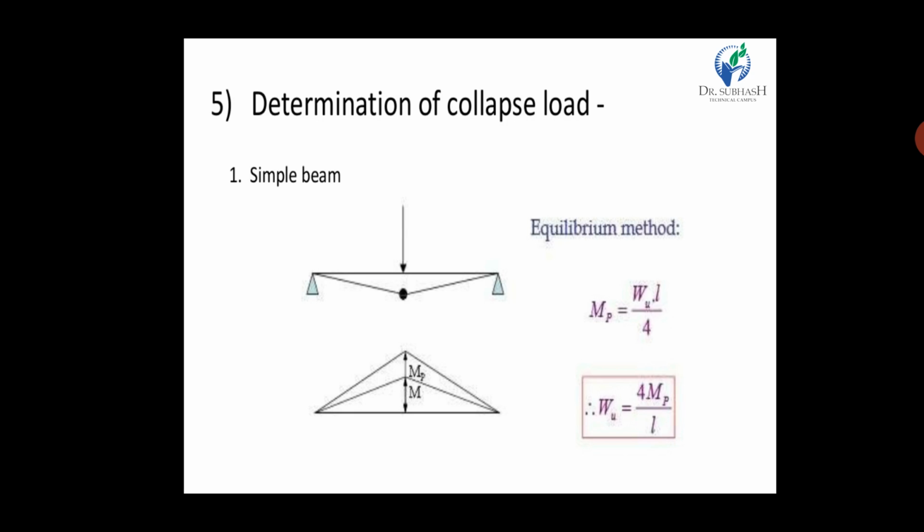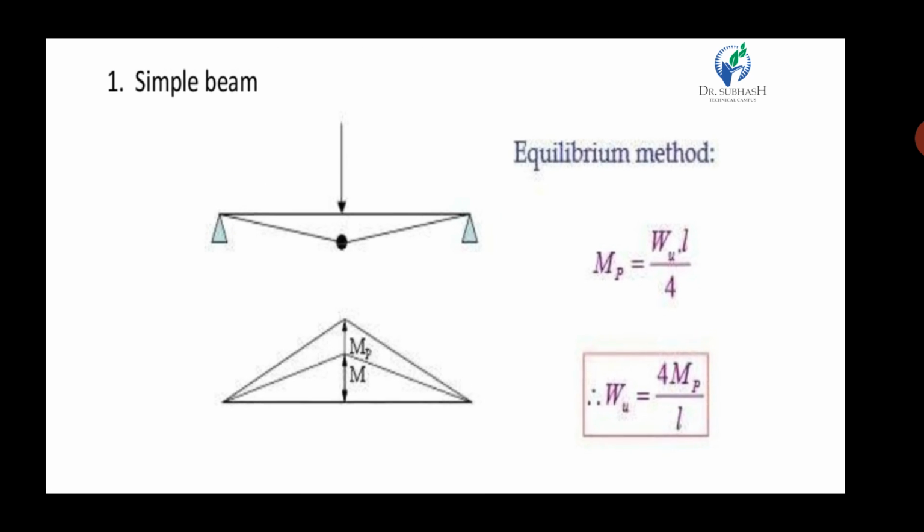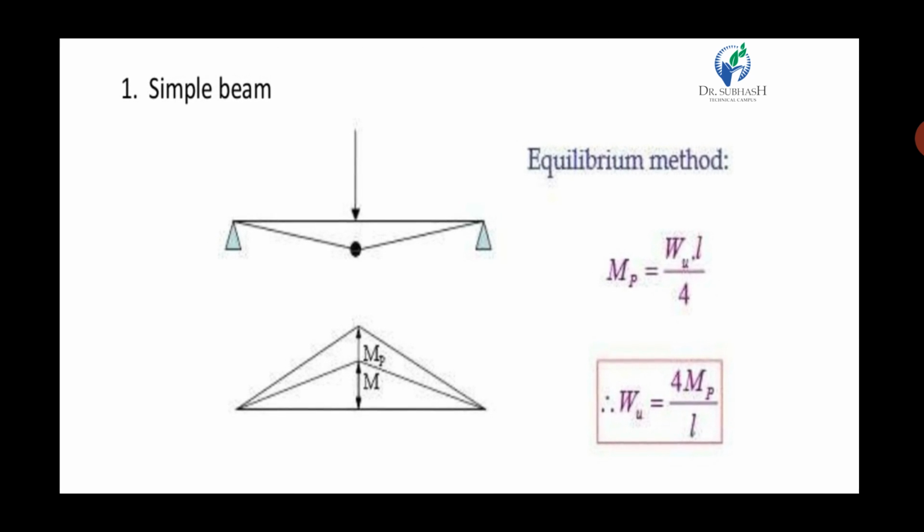How do we calculate the collapse load? We take a simple beam and provide one hinge below the point load. So our Mp, the plastic moment, is Wu L by 4, where u means ultimate load, and finally Wu is 4 Mp by L.